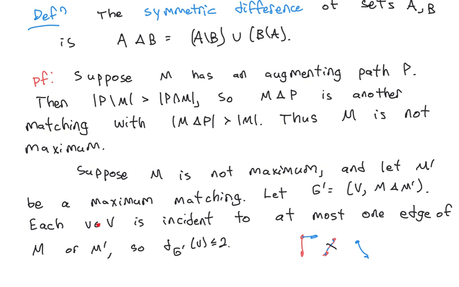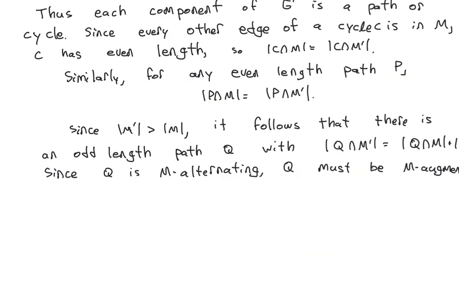In particular, every vertex in your graph has to be incident to at most 1 edge of either matching, and so the degree of such a vertex is at most 2. Each vertex can only be incident to at most 1 red edge and 1 blue edge. And so then we start looking at it. What do we know about graphs where every vertex has degree at most 2?